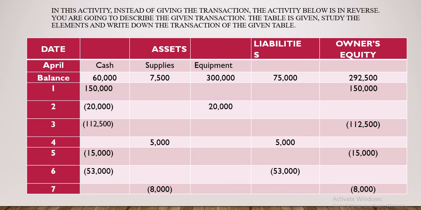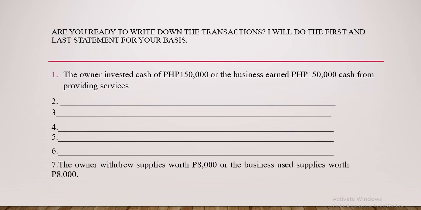So this first number is the owner invested cash 150,000, or the business earned 150,000 cash from providing services. It's either he earned or he invested. And also number 7, the owner withdrew supplies worth 8,000, or the business used supplies worth 8,000.